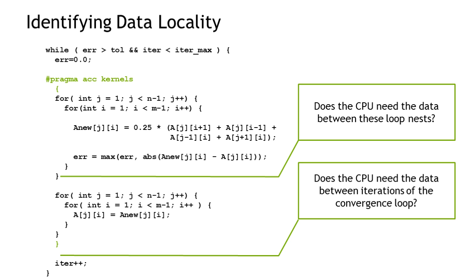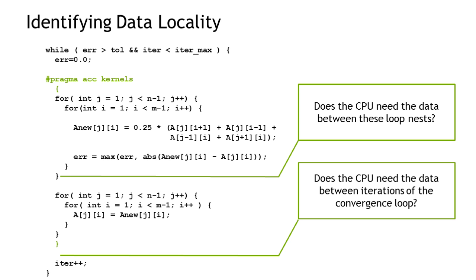I reach that and it says, hey, you've modified A new, I better copy them back to the CPU just in case you need them in the future. Most of the time, as soon as that ends, I go right back around for another iteration, and I'm going to copy them back. So I can see as the programmer that what I really need is to copy the data in at the while and copy it out when the while completes.